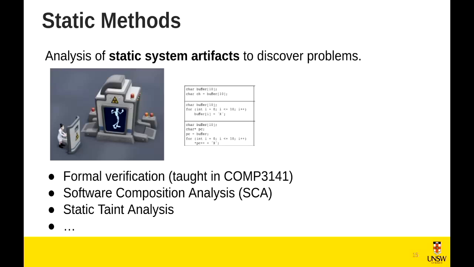Another typical static analysis method for detecting bugs is called software composition analysis. As described by the name, it analyzes the composition of a given piece of software. It is used to analyze what packages and libraries are used in this software.